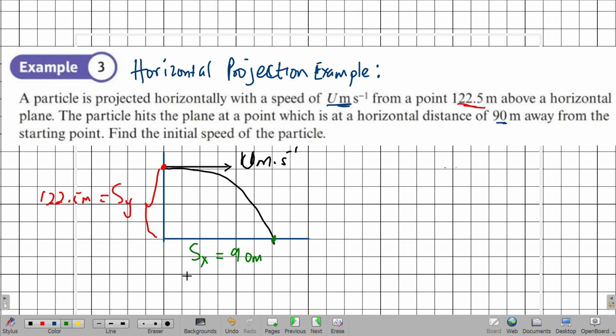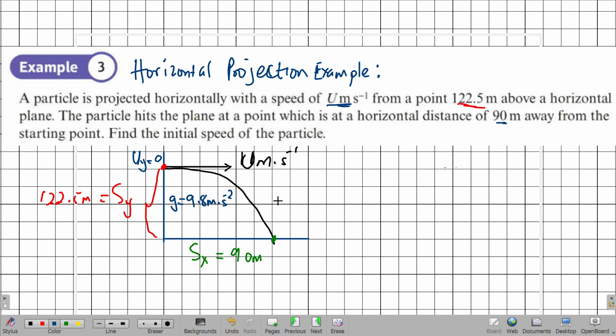What are the other assumptions associated with the horizontal projection that we can use right now? We understand that the initial velocity vertically going down is 0, and we understand that it will go down as a result of gravity, which is 9.8 meters per square second. However, we know that horizontally it goes at u.